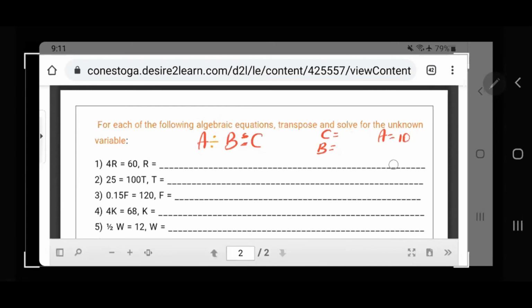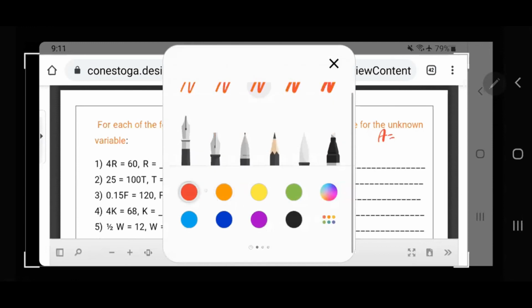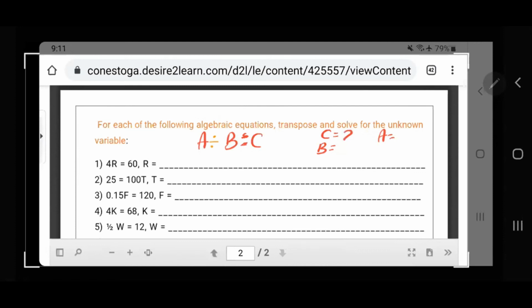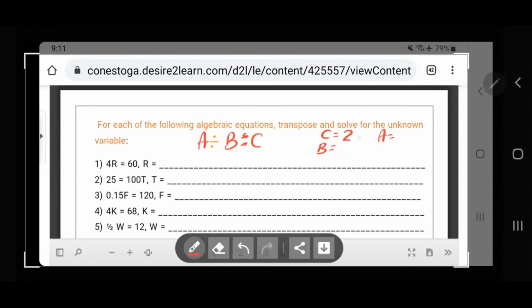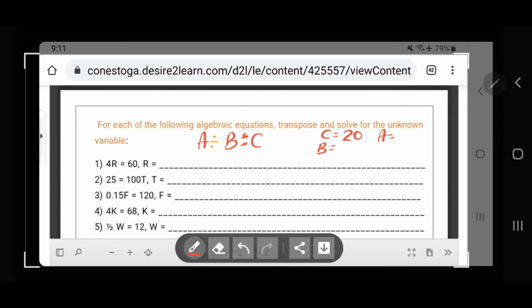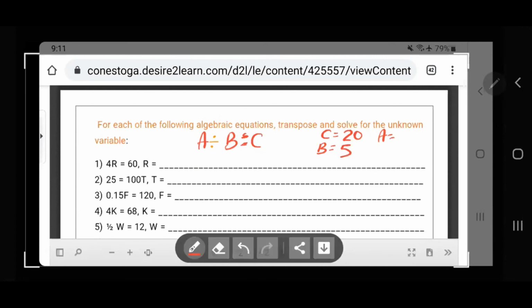Otherwise, they wouldn't make any sense at all. I'm going to use 20. And I'm going to use here 5. In this instance, I still want to find A.